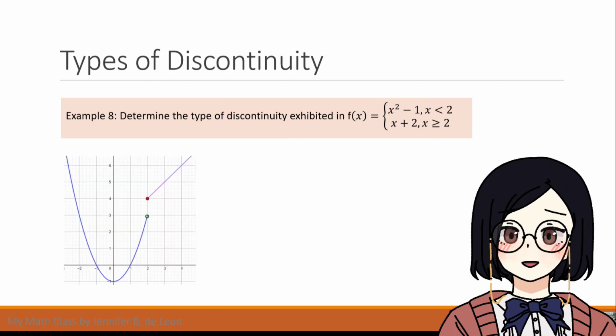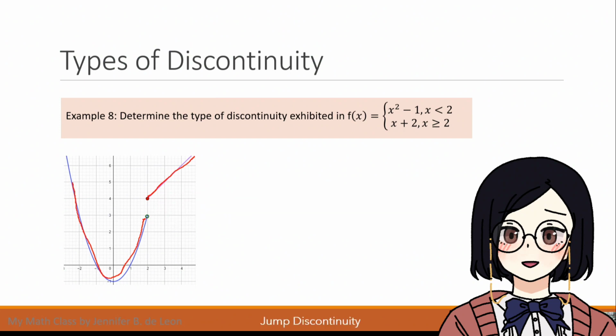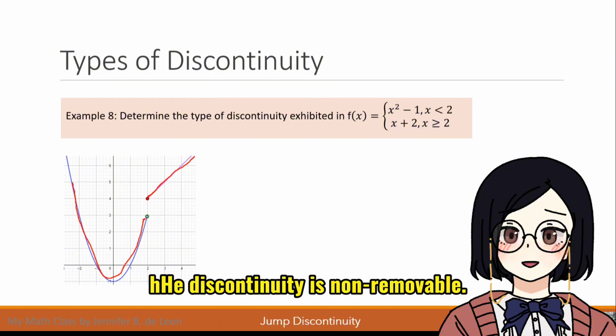Now, using its graph, if we trace the graph, we will be interrupted by this hole, then jump to another point in order to trace the other part of the graph. So, in this case, we will have a jump discontinuity. We cannot remove the discontinuity in this kind of function.